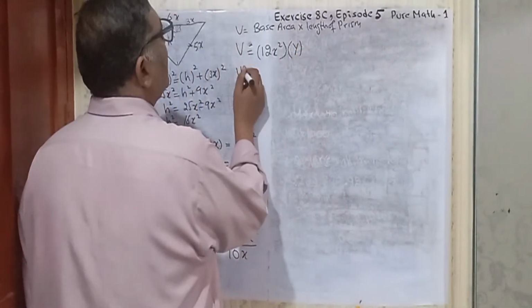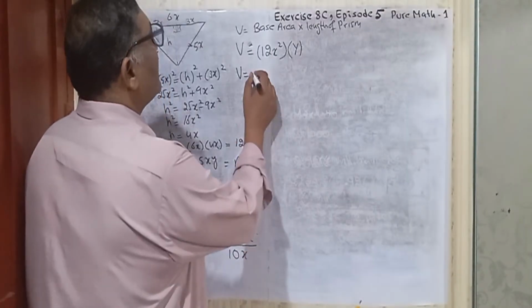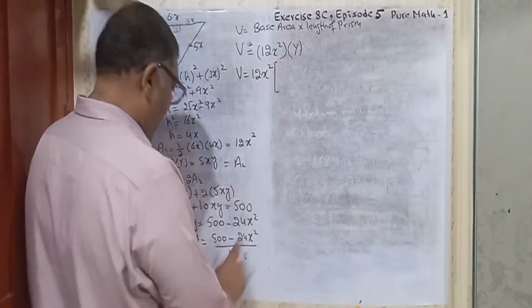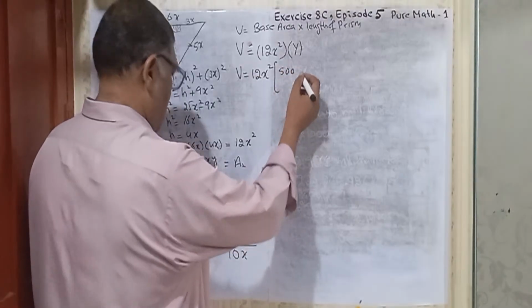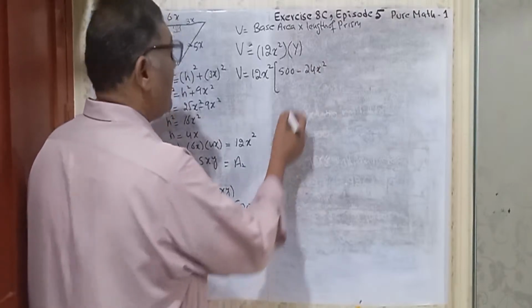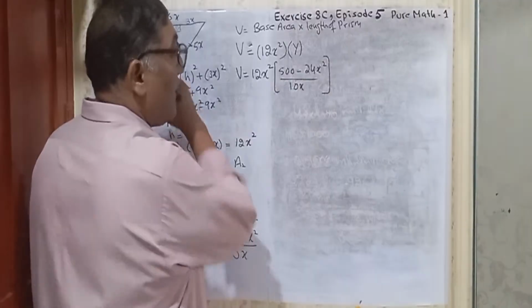So then I know that the volume will be equal to, in the place of y, I will put this: 12x square into the y, which can be replaced with this, 500 minus 24x square, divided by 10x.